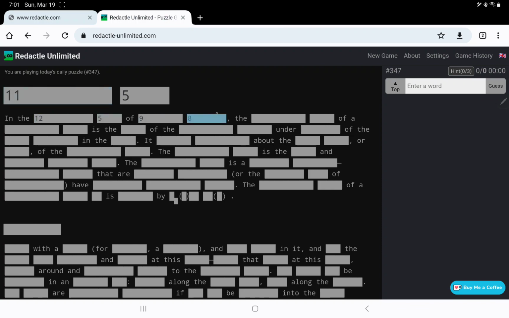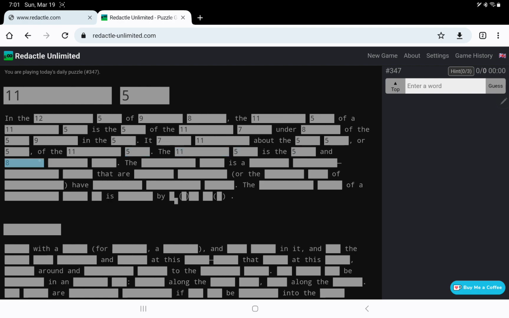11-5, and in the 12-5 of 9-8, the 11-5 of a 11-5, oh my goodness, is the 5 of the 11-7 under 8 of the 5-9 in the 5. I don't know what that could be, but it's 7-11 about the 5-5, R5 of the 11-5.